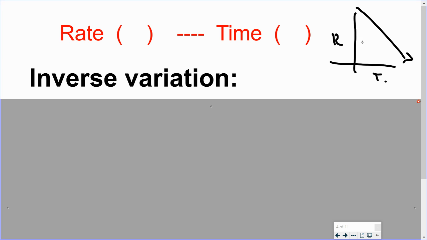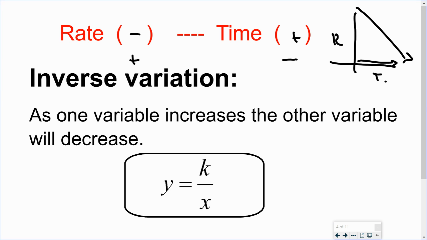As your time is increasing, your rate is going down. So if you go slow, more time. If you go fast, less time. So the variation will be inverse. As one variable increases, the other variable decreases. And that ends up to y is equal to k divided by x, which this may be the first time you've seen this.